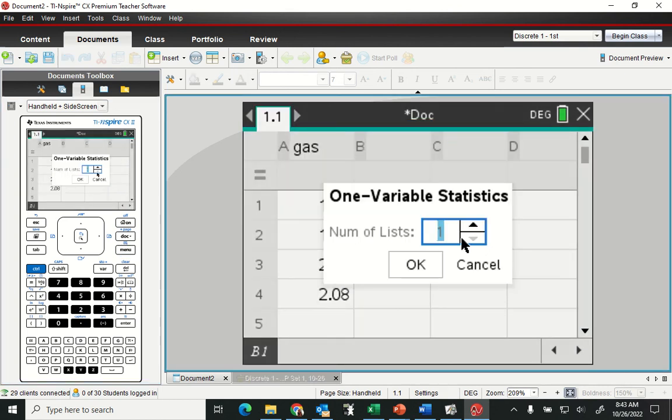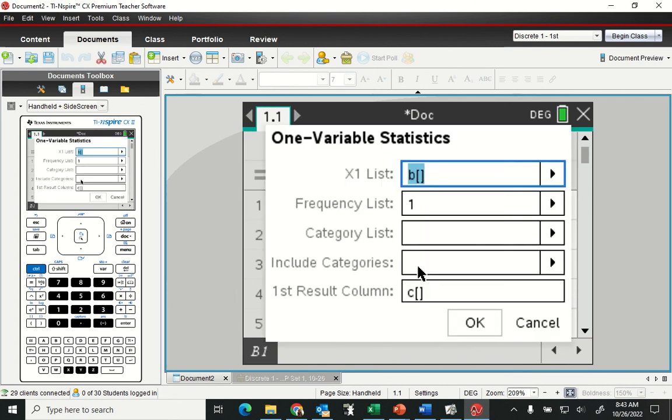There we go. And we only have one list here. I hit OK. And what did I name my list? So let's go gas. There's gas.